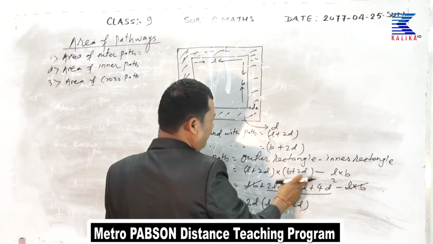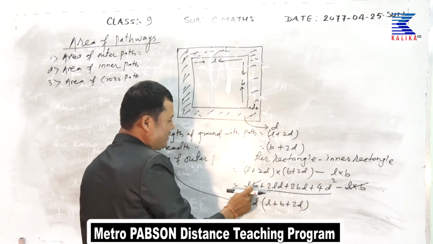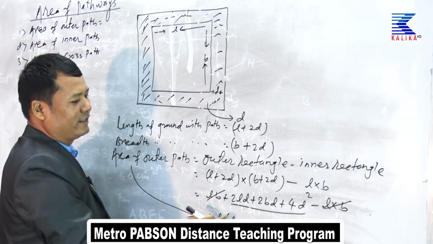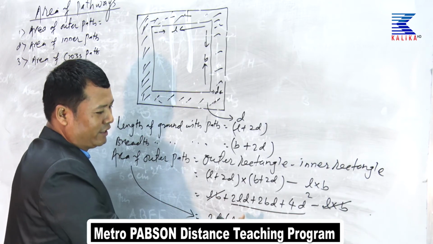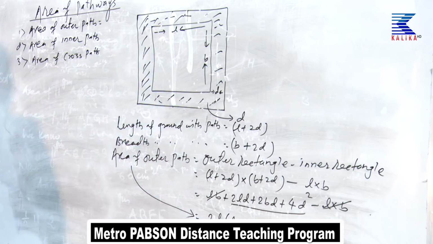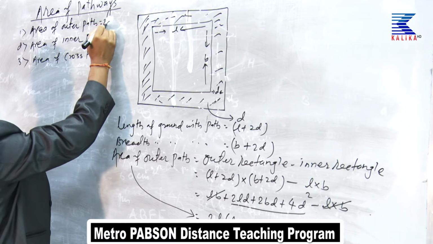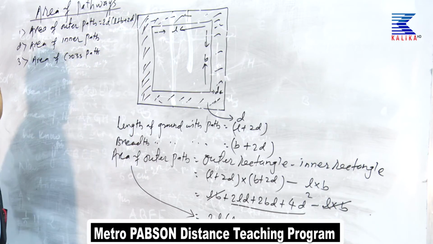L into B minus inner rectangle is L into B, LB and LB are cancelled, 2 is common and D also common, bracket L plus B plus 2D. So, using the formula, area of outer path is 2D bracket L plus B plus 2D.